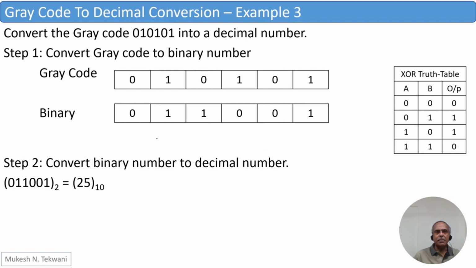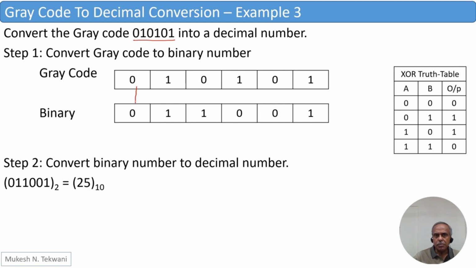In this third example, let us see how we convert a gray code into the decimal number. Now, this will involve two steps. In step 1, we will first convert the gray code into its equivalent binary value. So, assuming our gray code is the same as we had in the earlier example, 010101, we write the gray code bits and we convert this into its equivalent binary.